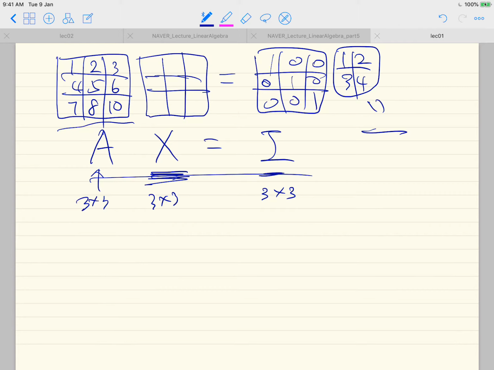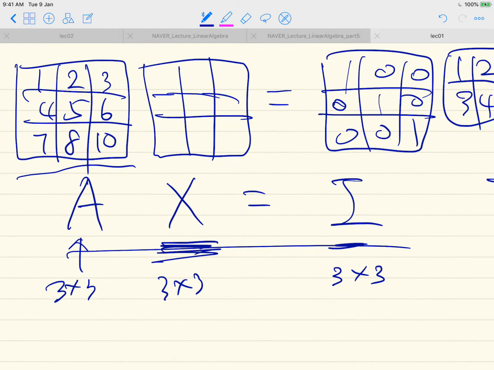This entire matrix X is our unknown, and let's call its first column X, Y, and Z.